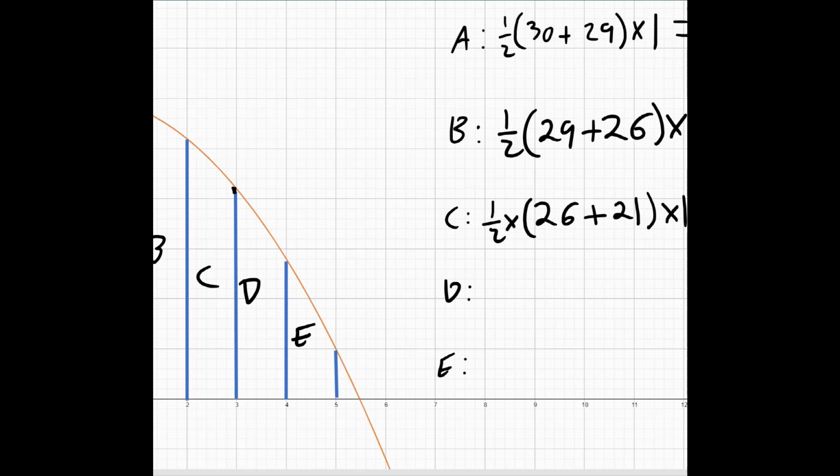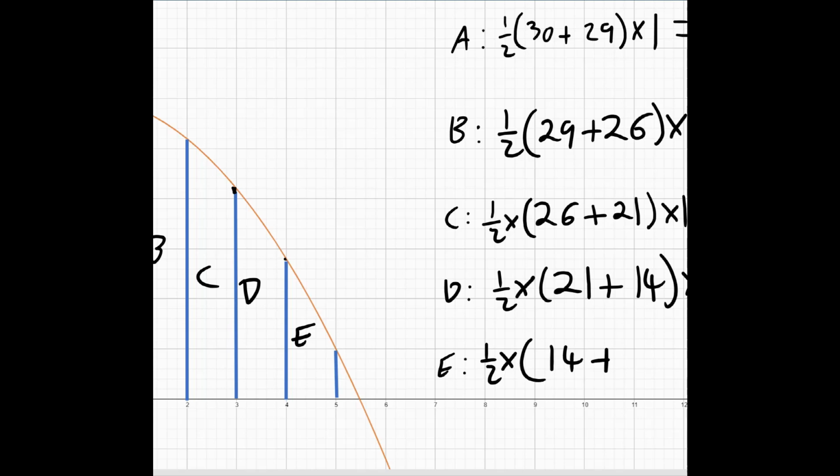For D, half times 21 plus 14, times 1. So 35, half of 35 is 17.5. And then E, you have half, and then 14 plus 5, times 1. Half of 19 is simply 9.5.